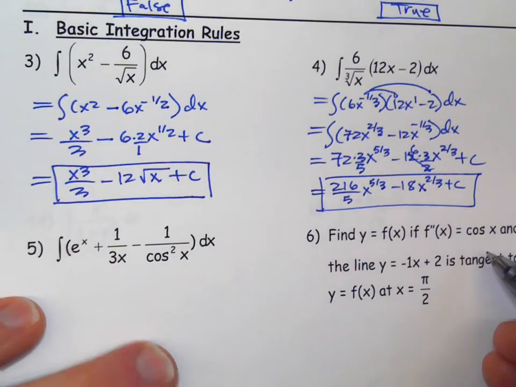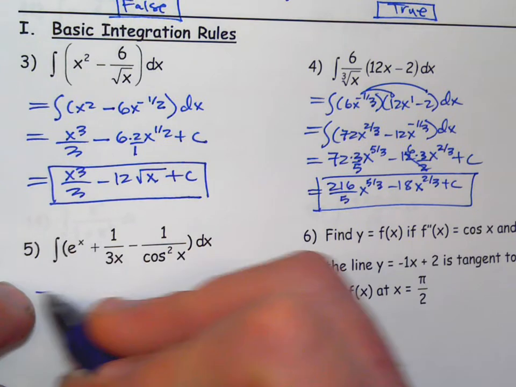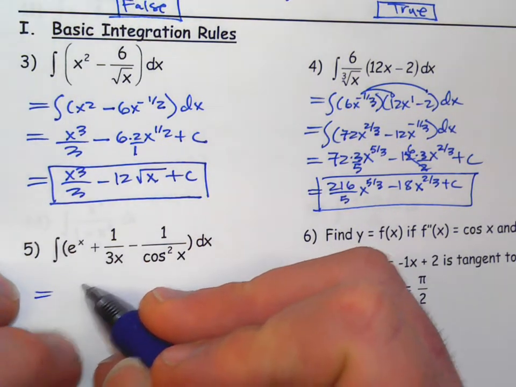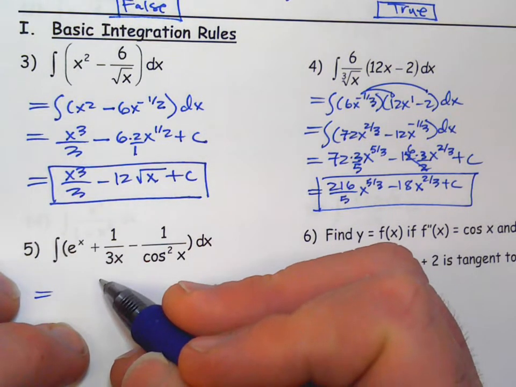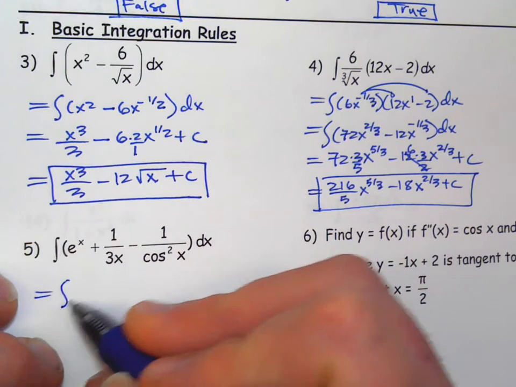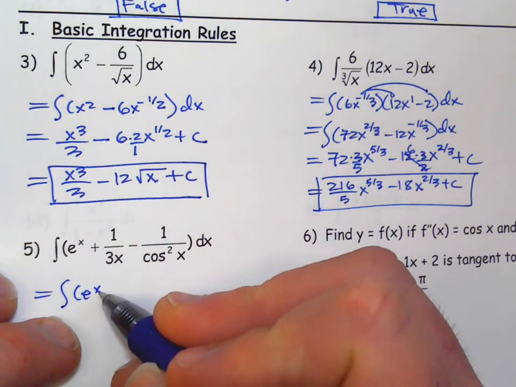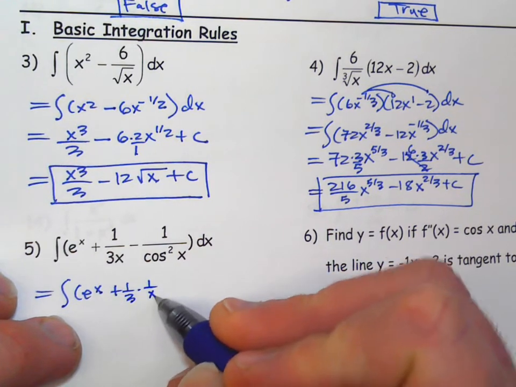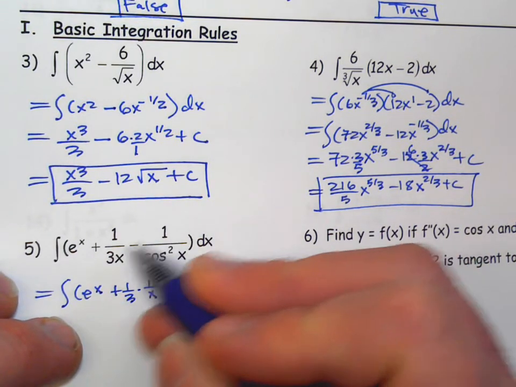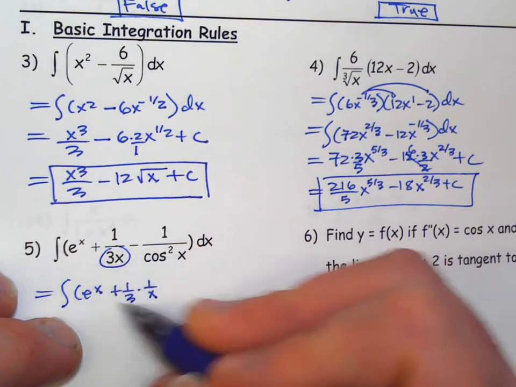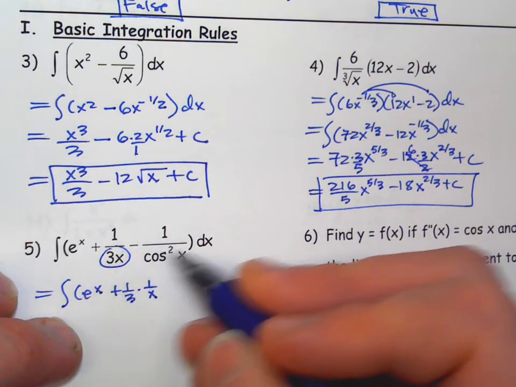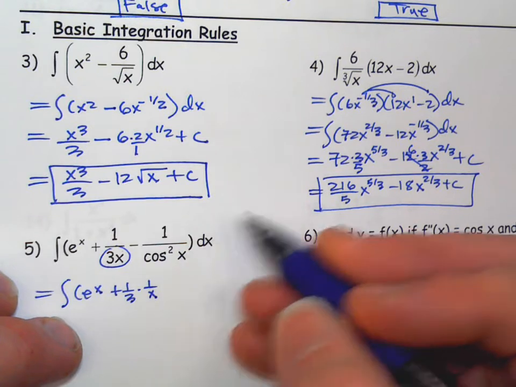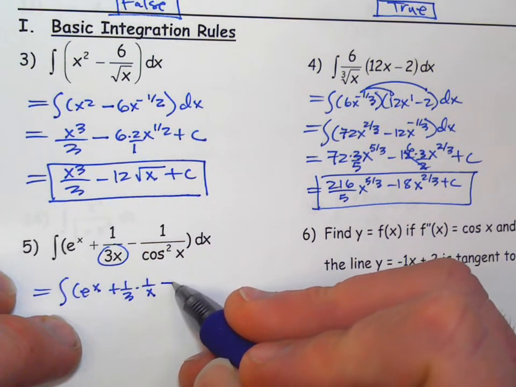Okay. Next one, I might rewrite this, e to the x plus, you might separate it 1/3 times 1 over x. You don't have to, but there's some issues. Then if you leave the 3 in here and you integrate it with the 3 inside, then you got to worry about the chain rule, like U substitution stuff.